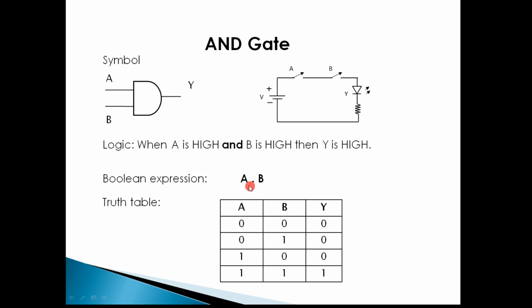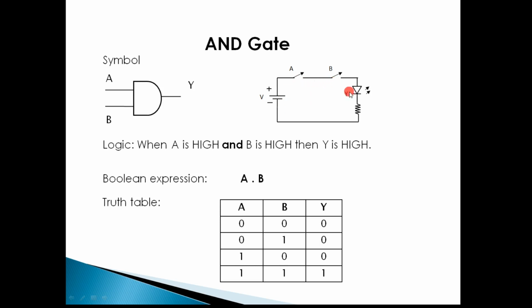The AND operation can be understood by taking the analogy of this circuit. See, in this circuit there is a power supply and LED is connected in series with the power supply. There are two switches added in series within the loop, and the two switches are also in series with each other.